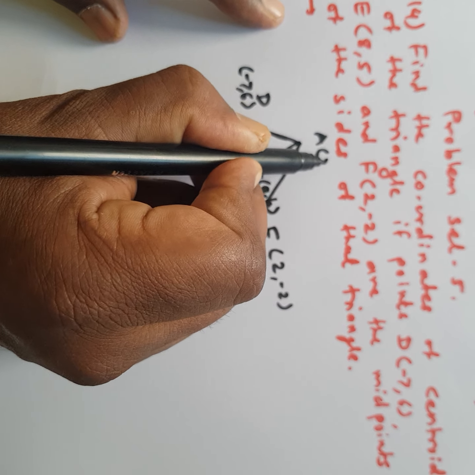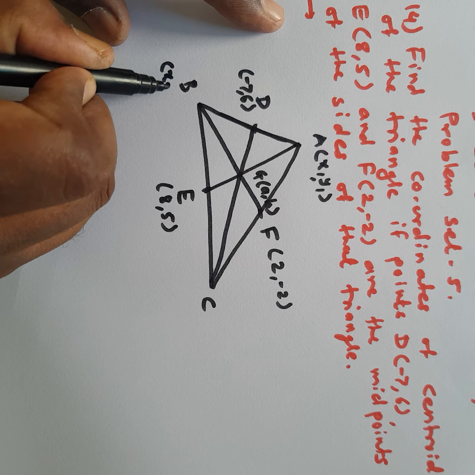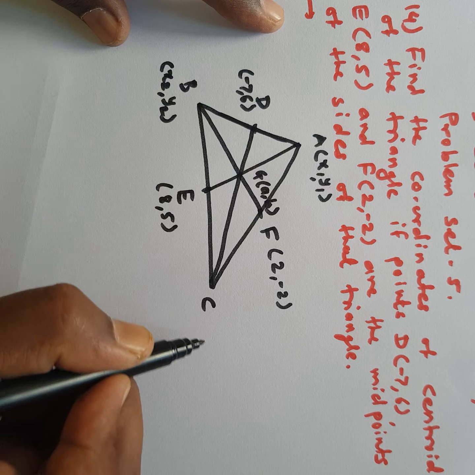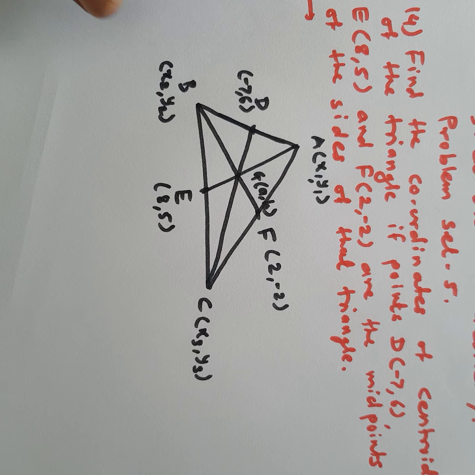Let (x1, y1), (x2, y2) and (x3, y3) be the vertices of the triangle.